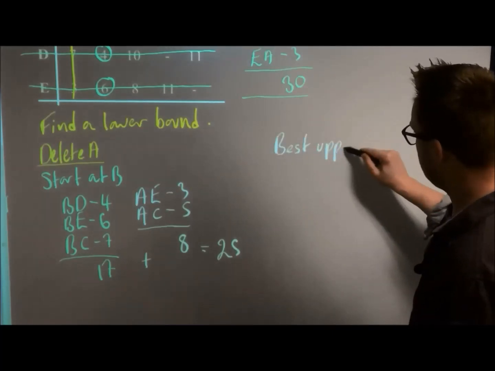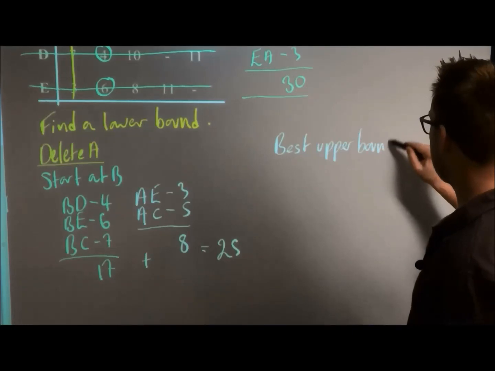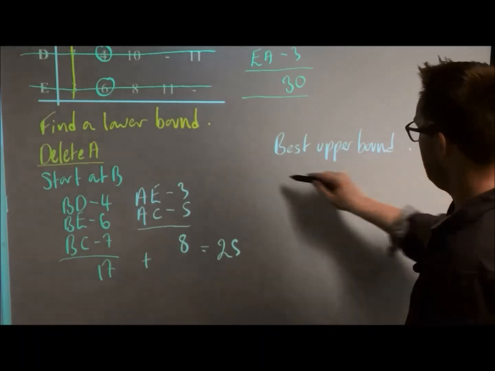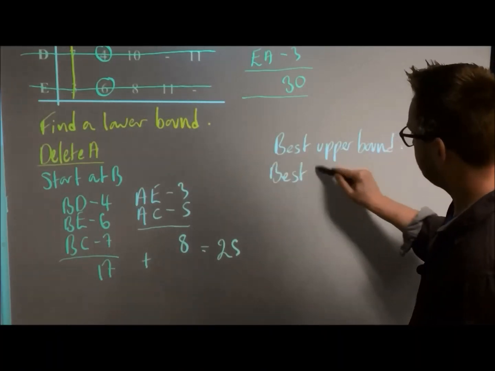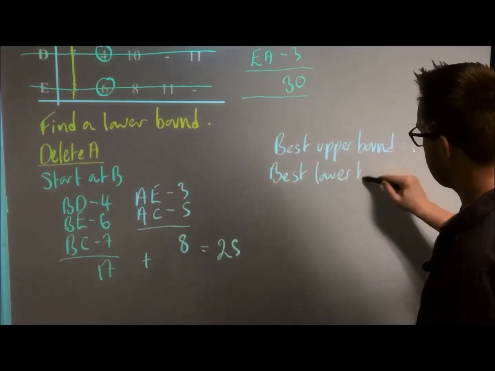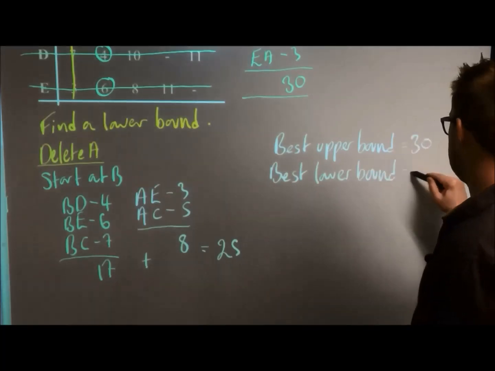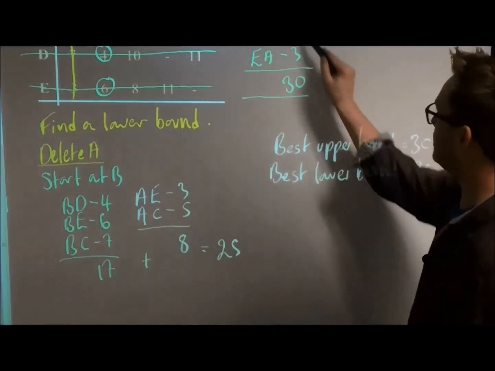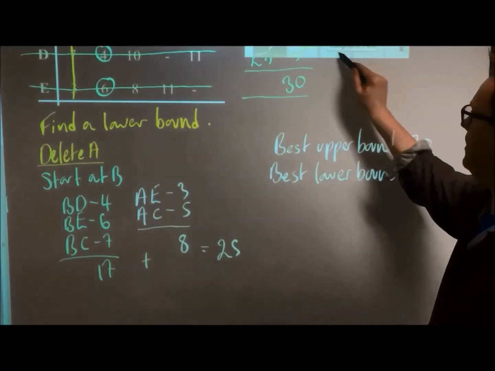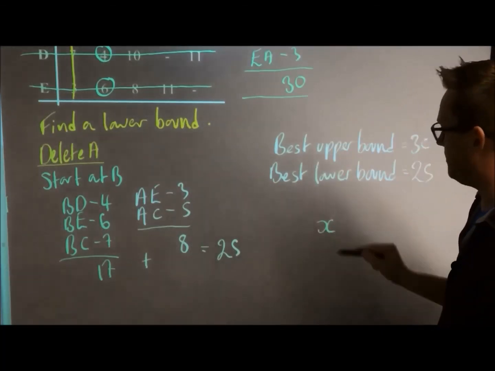So my best upper bound is 30. And my best lower bound is 25. And the actual real answer, I don't know what the best possible route is.